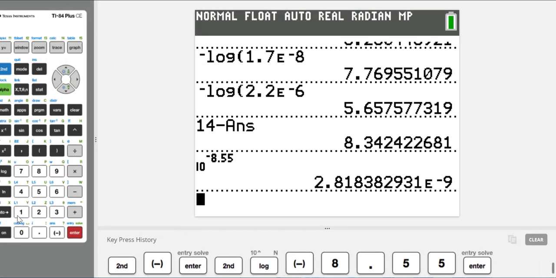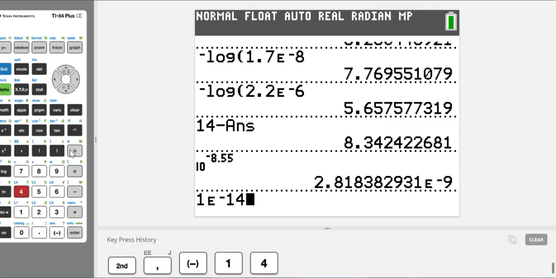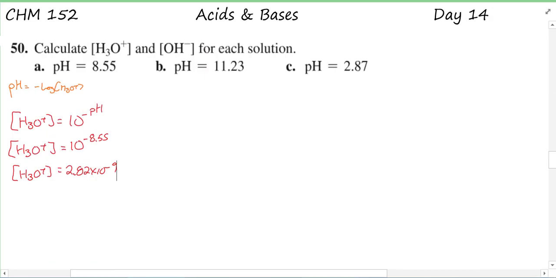Because if I just do 1 second, comma, negative 14 divided by second answer, I get hydroxide, 3.55 times 10 to the negative 6. There you go. That's all this is.